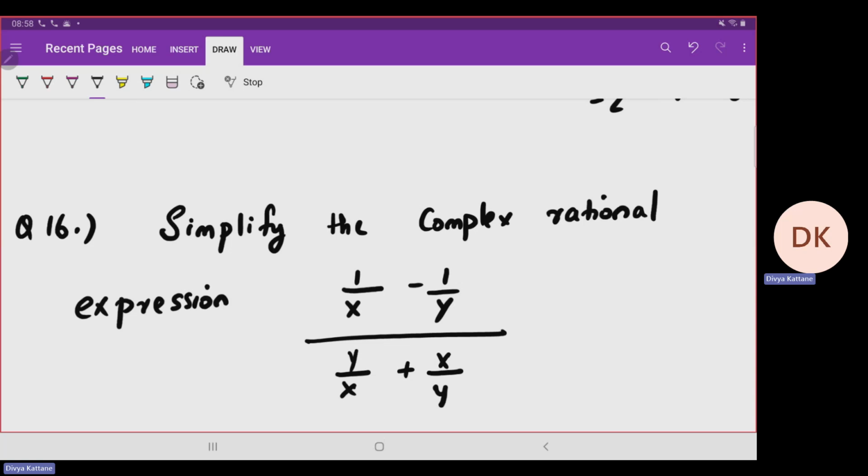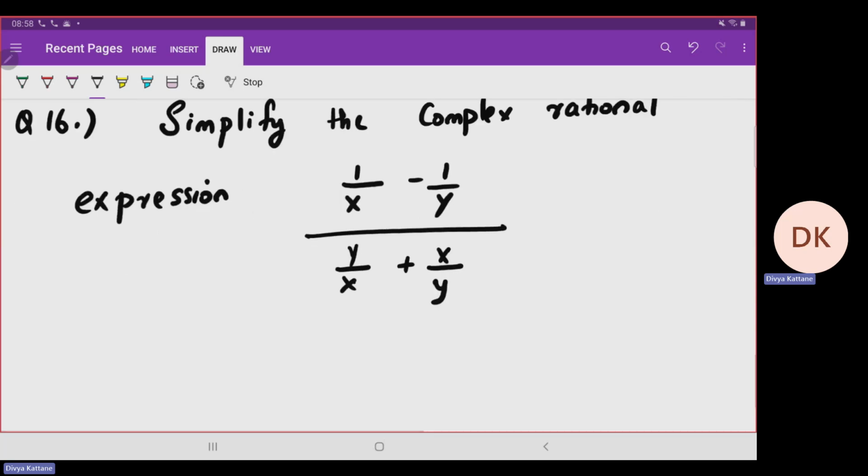You need to simplify this complex rational expression. So simplify means you need to make it small.